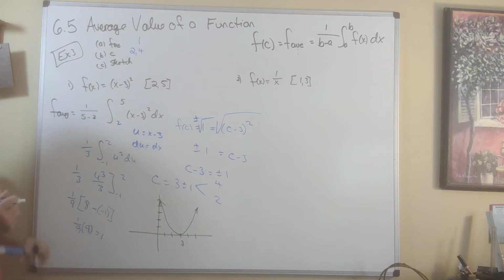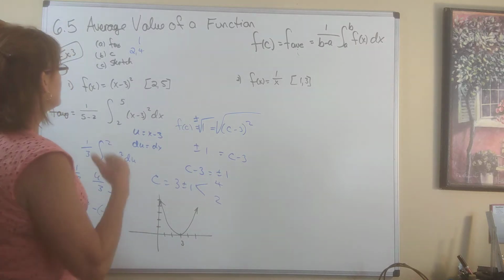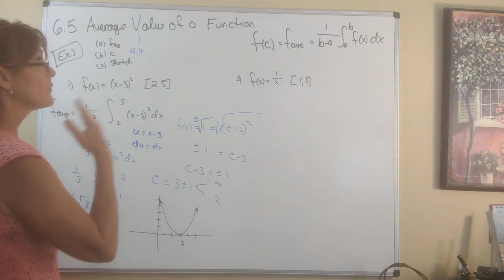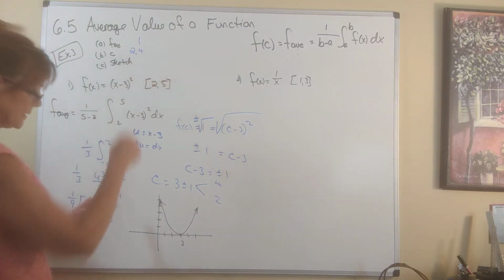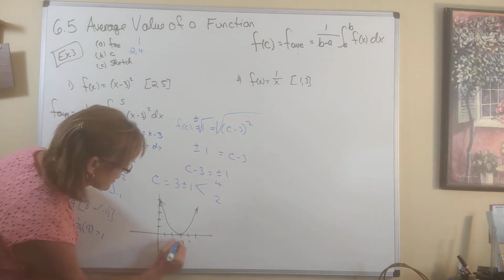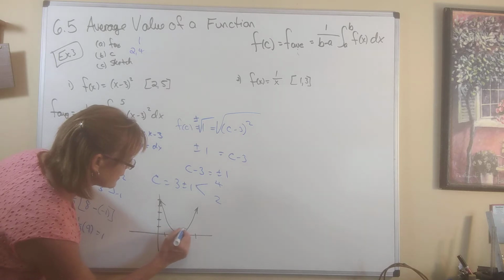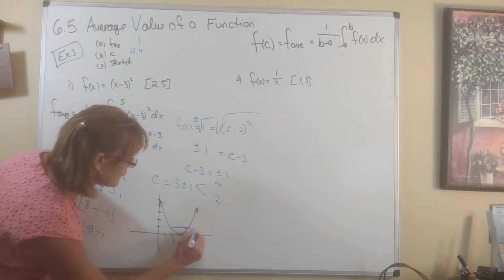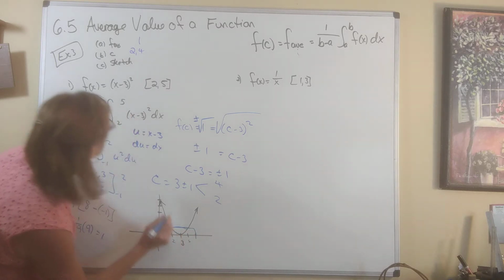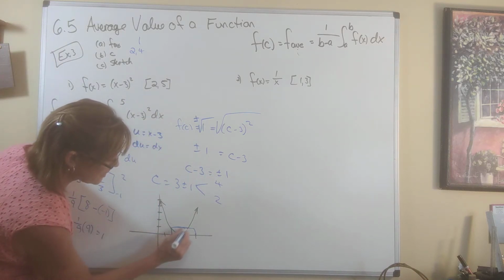Now, what did I just discover? Well, I discovered that there are two values of c that will fulfill the mean value theorem for integrals. One happens when x is 2. Okay, this is 2. One happens when x is 4. So basically, these are the same y value right here. So between 2 and 5, which is my interval, there are two places, here and here.